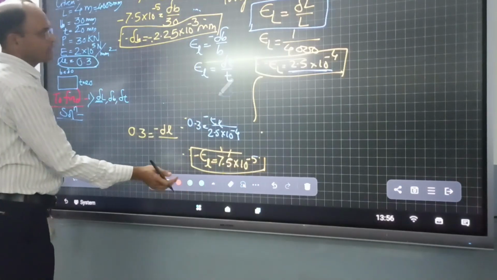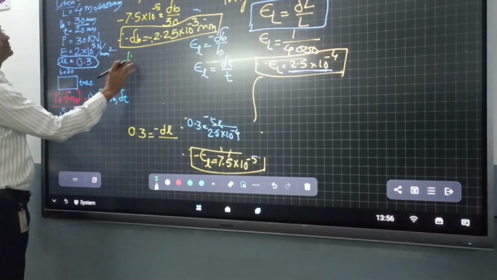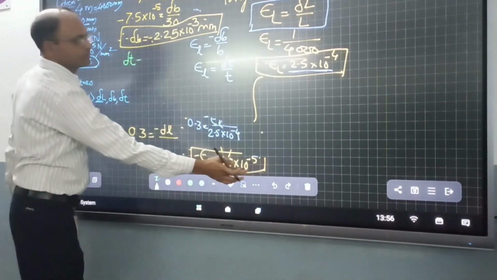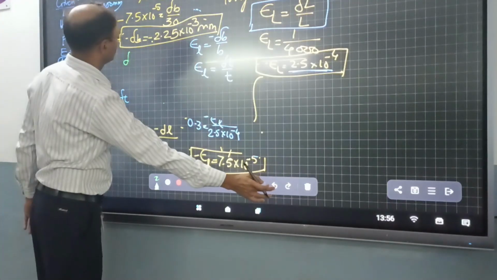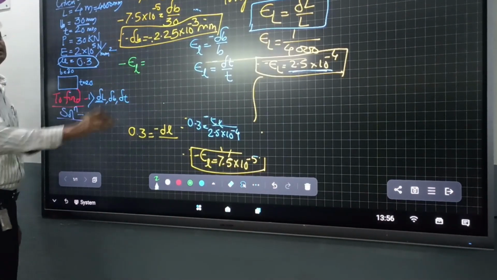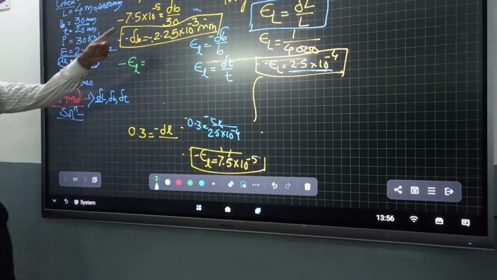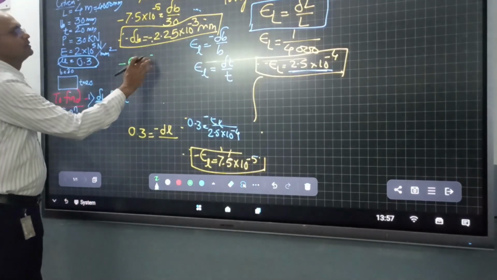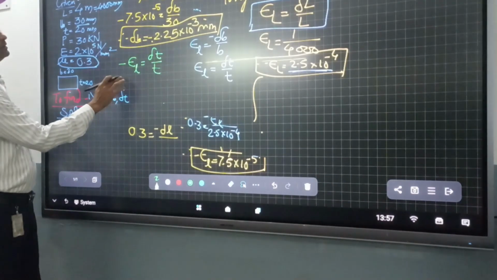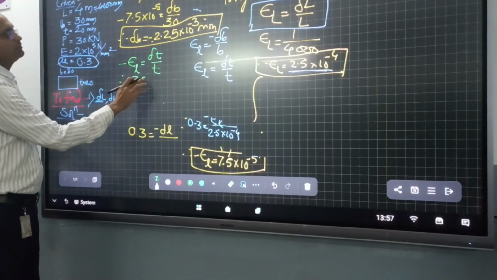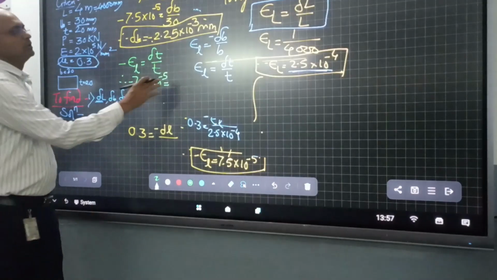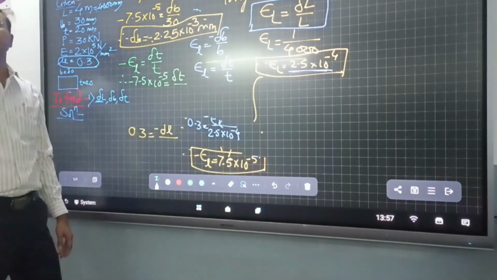Okay, so to calculate delta T, how will you calculate delta T? You can use same definition of this: minus epsilon L, that is lateral strain, is equal to delta T upon T. Delta T upon T. Therefore, minus 7.5 into 10 raised to minus 5 is equal to delta T upon original thickness.